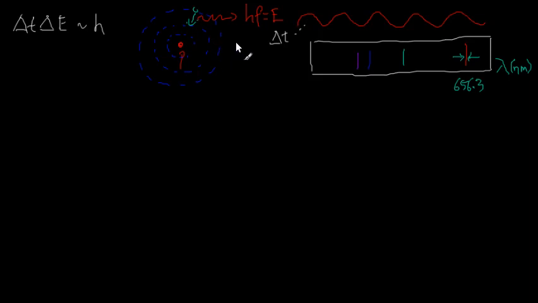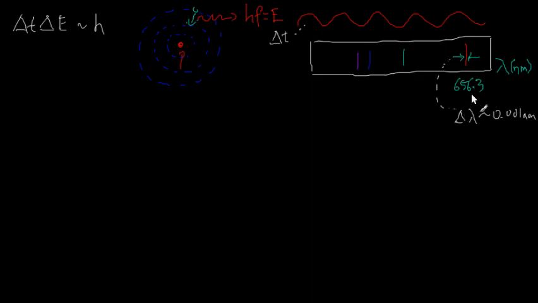Now the measured range of wavelength, I'll call it delta lambda, is about 0.001 nanometer.